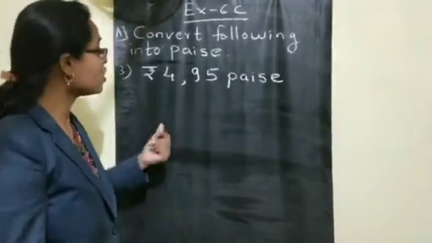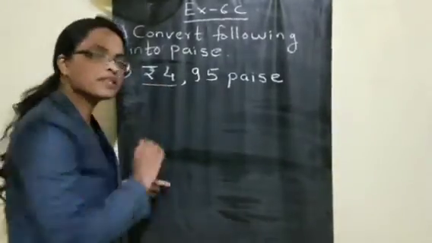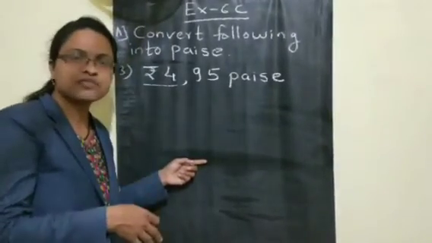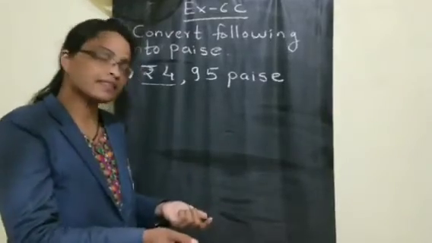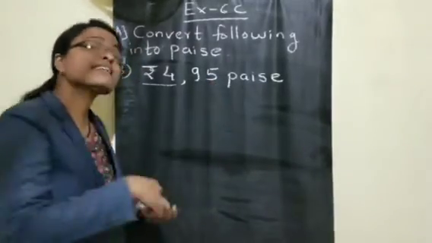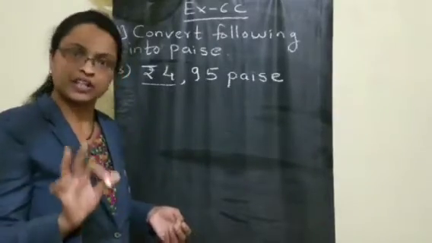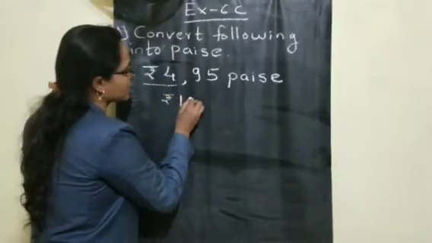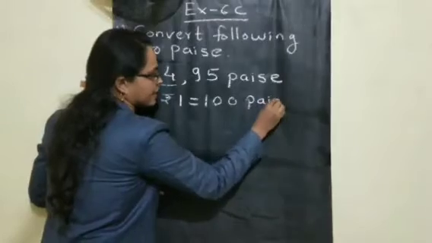Children, now here you have to first convert this rupees into paise. That is very easy because just now we have seen that after multiplying with 100 paise, rupees will automatically get converted into paise. And this is, children, extra paise which afterwards we only have to add. Okay, so let us do rupees 1 is equal to 100 paise.